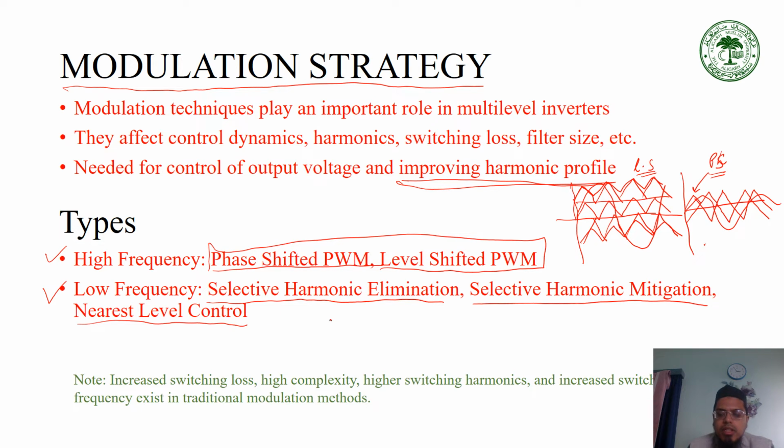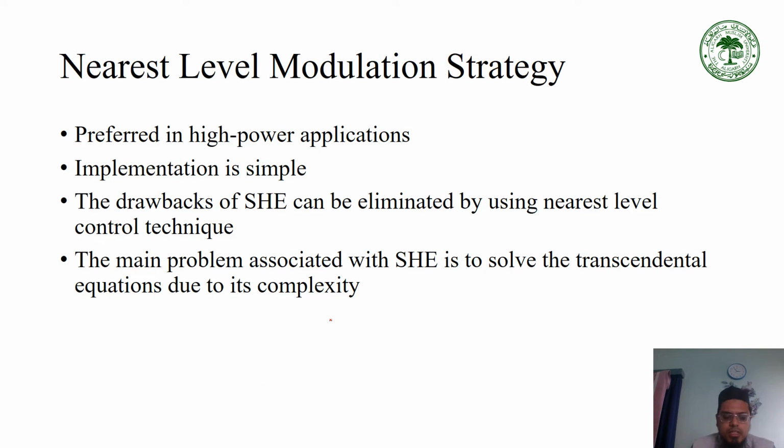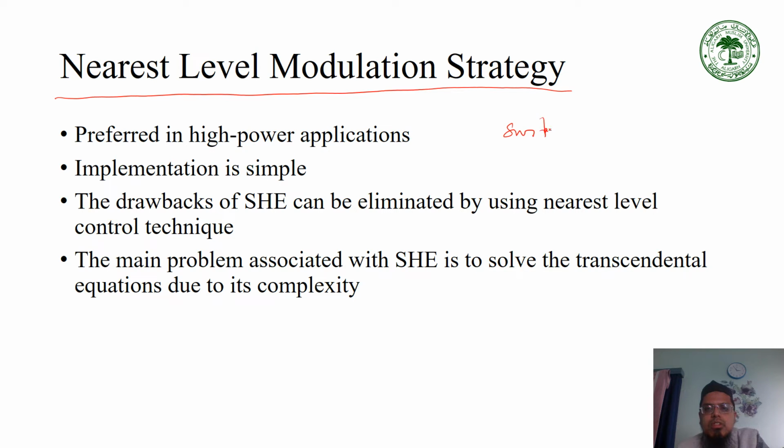Okay, and then let's come to the nearest level modulation strategy. It is quite a famous strategy, and it is a low frequency modulation strategy. One of the advantages of low frequency modulation is that the switching losses would be quite less. Why would it be less?